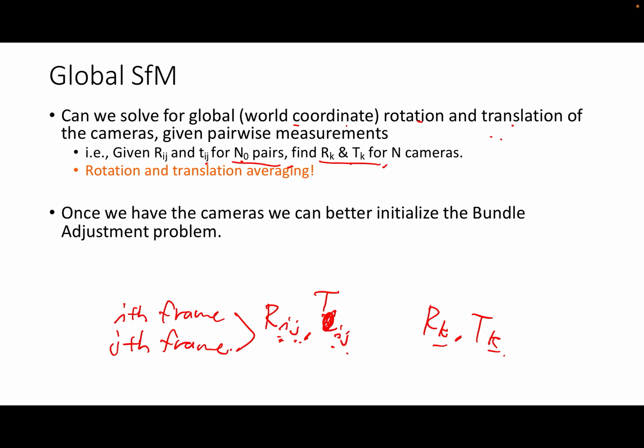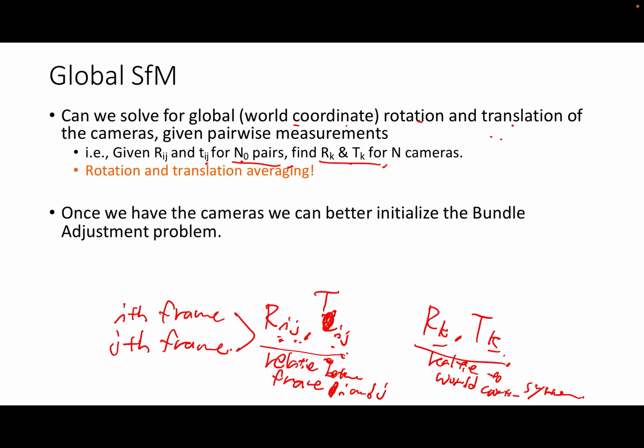That is the relative pose between frame I and J, and this is relative to the world coordinate system. So this is what we get from epipolar geometry.